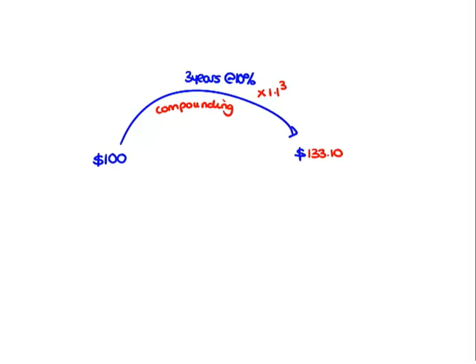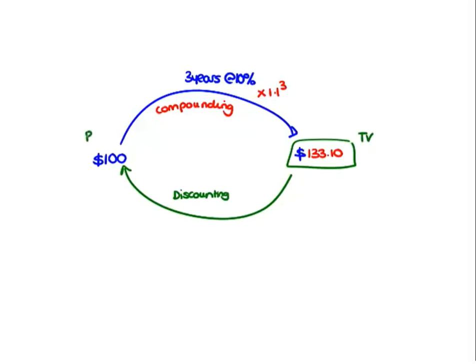What we're going to look at now then is basically the reverse of compounding, so it's called discounting. So with discounting, what we're doing is we are taking that future value and saying, what is that worth in today's terms? So we're taking our terminal value and we're putting it back into today's terms, into our present value.